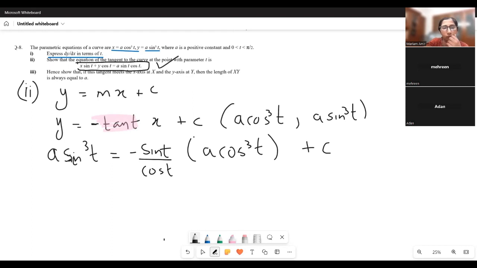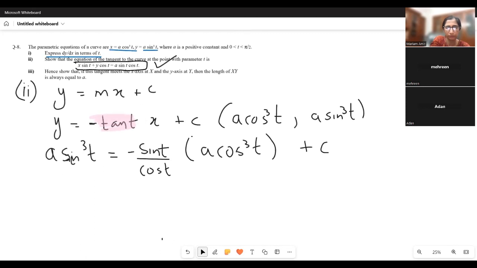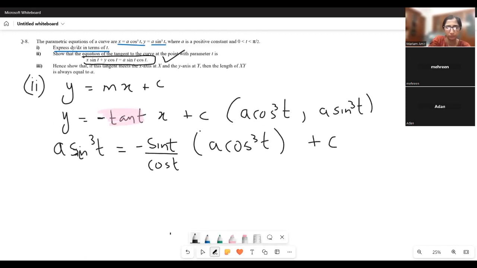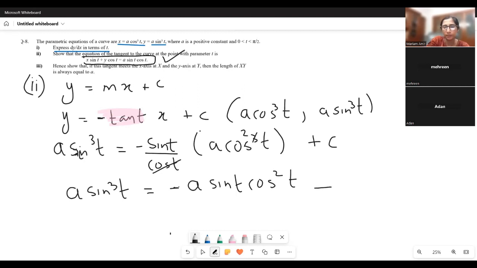So we have to find c from here. Let's cancel this and the cube, so it's going to be square. So I'm getting a sine cube t equals minus a sine t cos square t plus c.